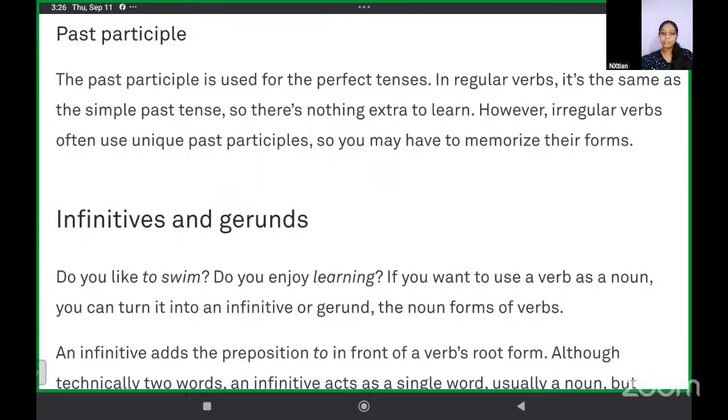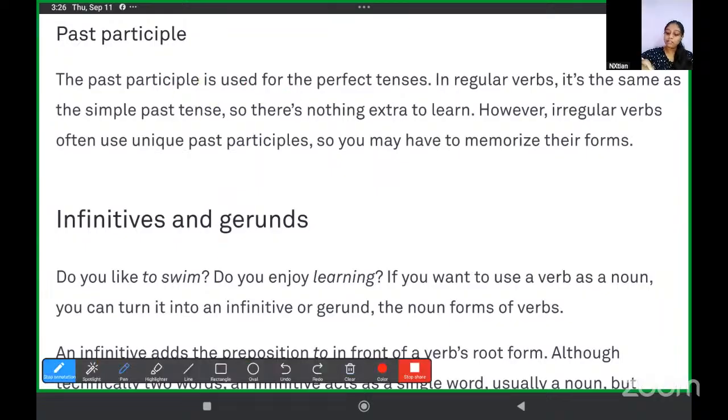Past participle is also similar to that. We just add ed. Yes, ma'am, and in some cases we add n at the end. Yes.